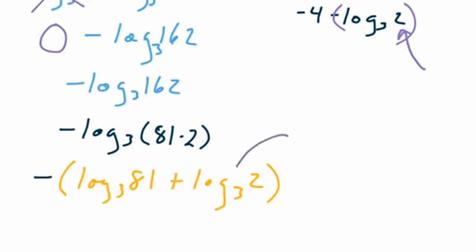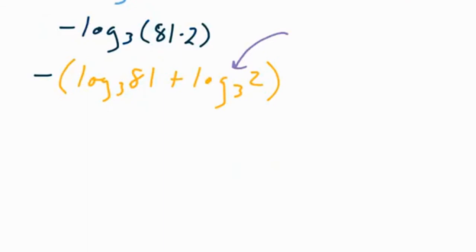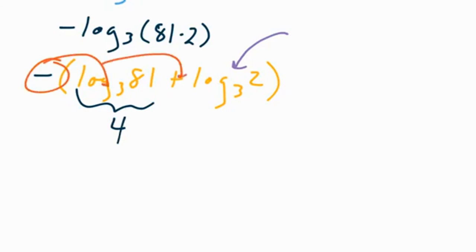That's going to give me the log base 3 of 2. And it turns out that my log base 3 of 81 ends up conveniently taking care of my other number. Of course, that becomes the number 4. So when you distribute this negative sign into the parenthesis, you end up getting exactly what we need. That is negative 4 minus the log base 3 of 2.